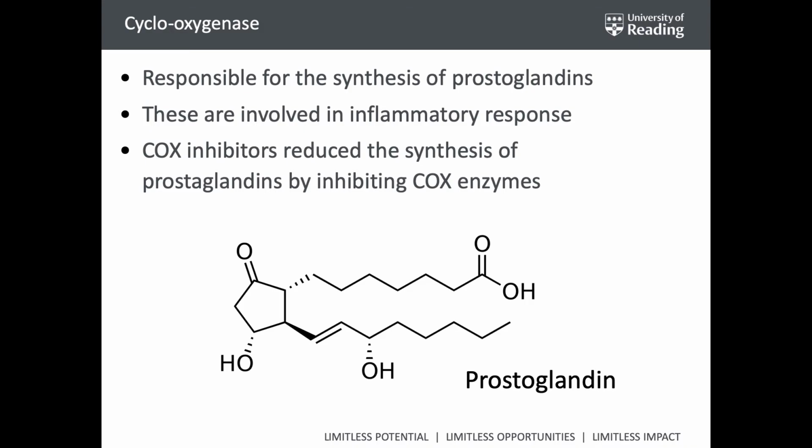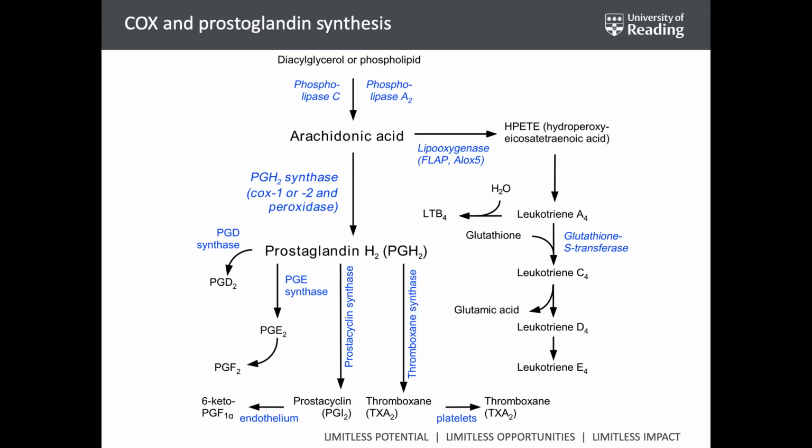And cyclooxygenase inhibitors, abbreviated to COX inhibitors, can reduce the synthesis of prostaglandins by inhibiting the enzymes that produce prostaglandin. This is the chemical structure of prostaglandin shown down here at the bottom.